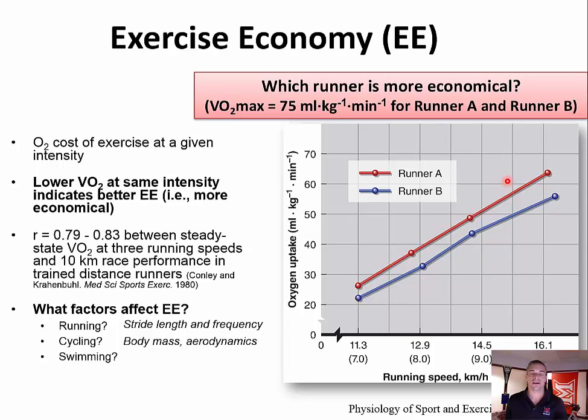So a person who has a heavier body mass, improper body position on the bike, which is going to increase drag or resistance, therefore affecting aerodynamics, that's going to overall result in a decrease in exercise economy. And then finally, with swimming, by improving one's swimming technique, which comes with experience, that's been shown also to improve exercise economy during swimming.